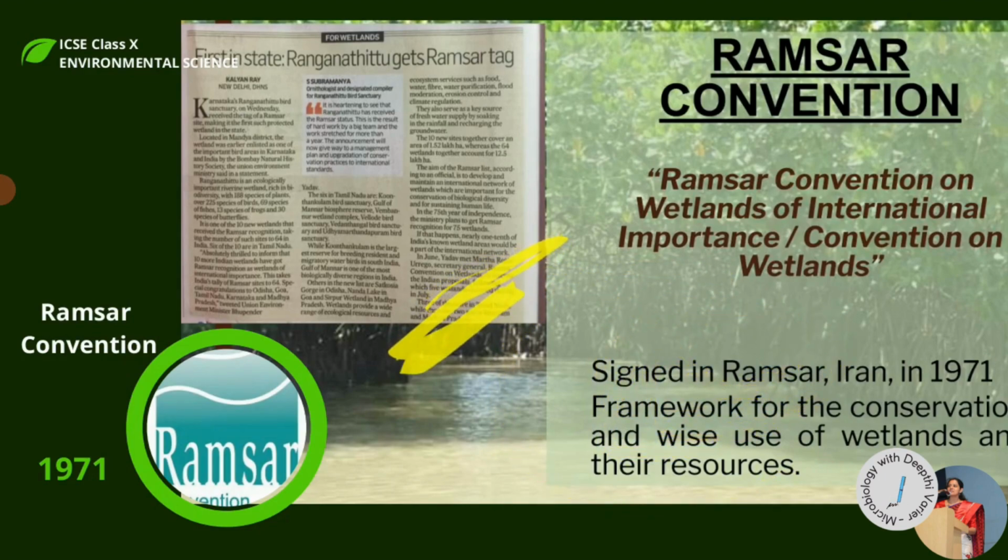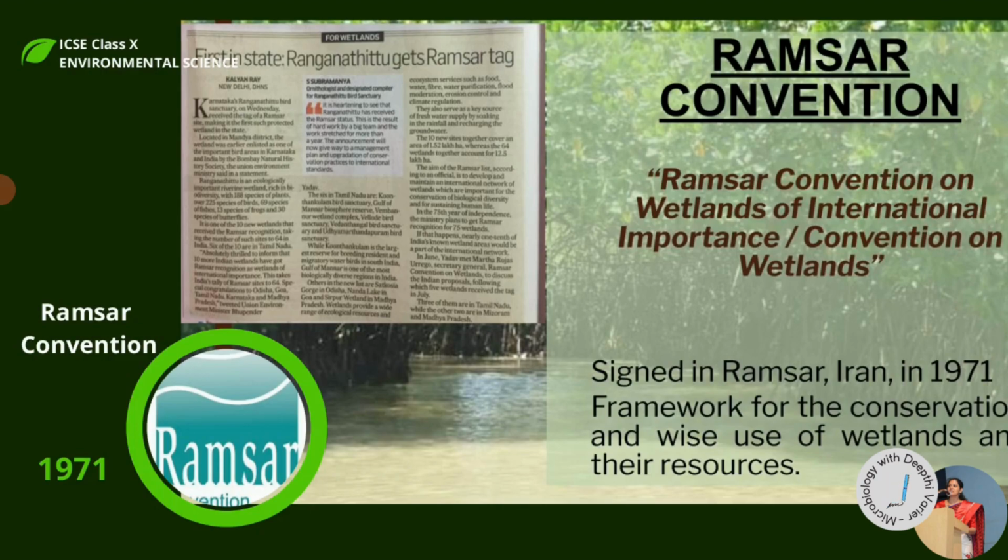These are the different uses of wetlands, and the Ramsar Convention is an agreement which helps us to conserve them. This is just one newspaper article I have put up, which tells how many Ramsar sites were added in 2022. In August 2022, 26 Ramsar sites were added, globally recognized as really important areas.